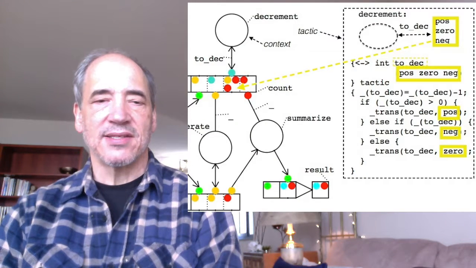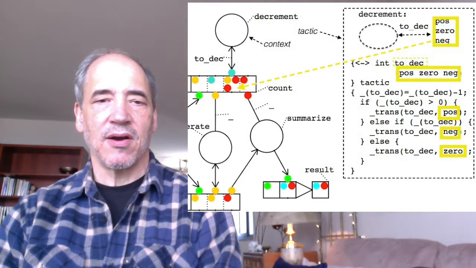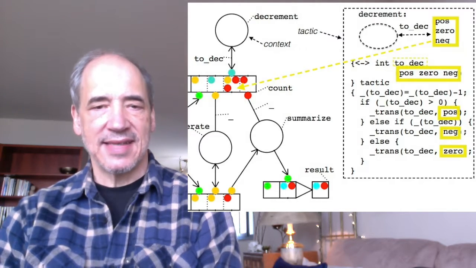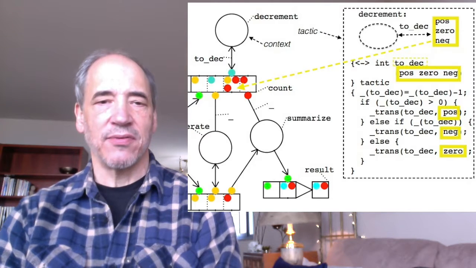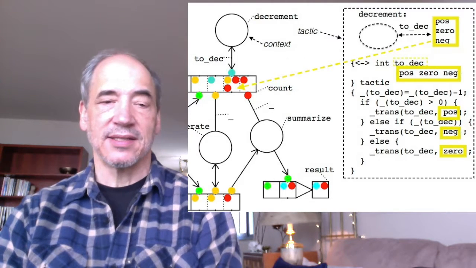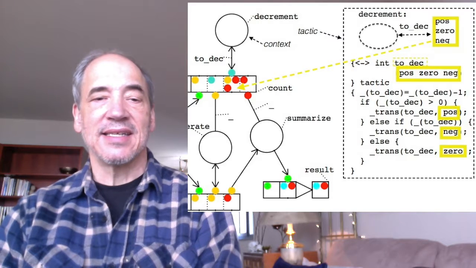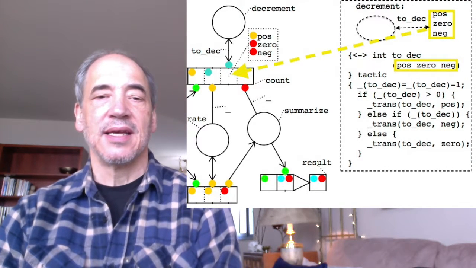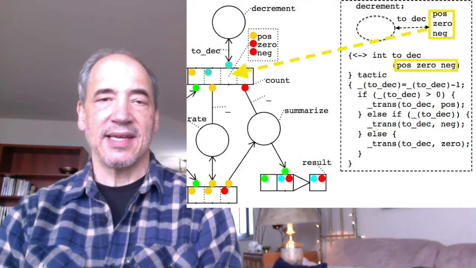Then remember that within the rectangle, right next to where the line joins, there are new color dots that tell what colors that tactic might change that resource to, what control states. In this case, those new color dots are labeled with transition names, and they're called transition bindings.